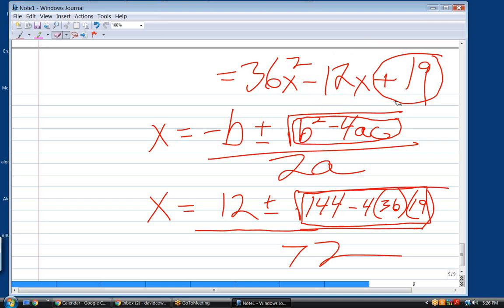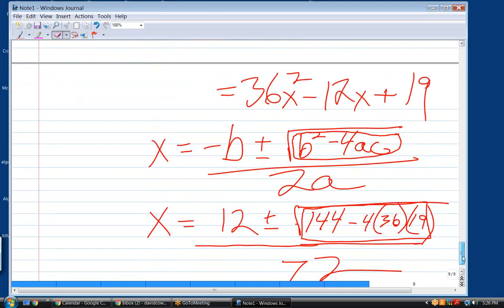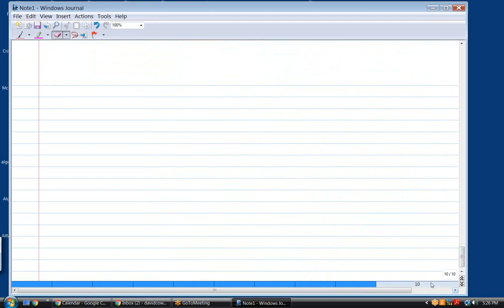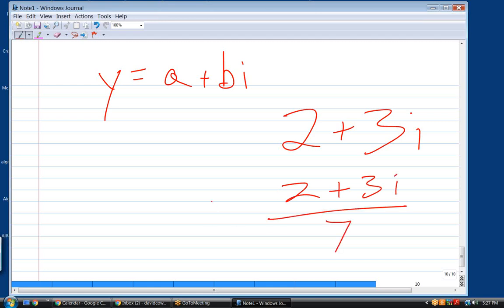Only complex, no real. Are complex numbers just the same thing as imaginary numbers? Yes, sorry. Yeah, the only difference is a complex number in standard format is a plus bi. In other words, if I have 2 plus 3i as a solution, that is in standard format. If I have 2 plus 3i over 7 as a solution, that's not in standard format.